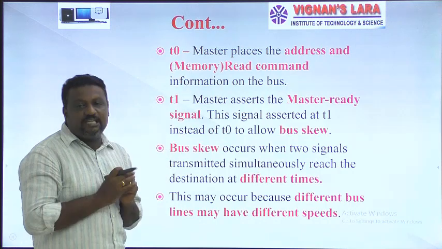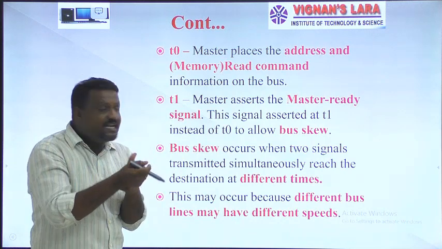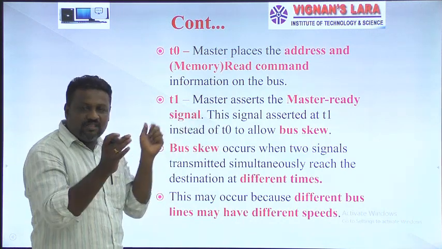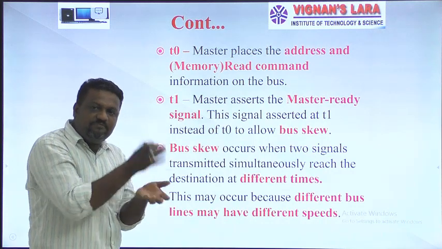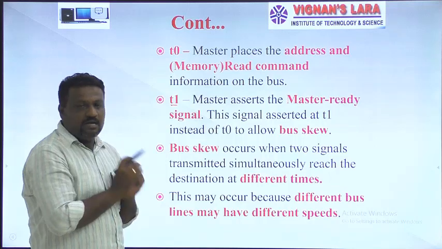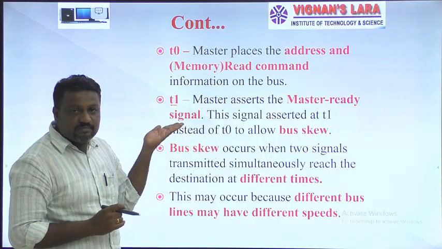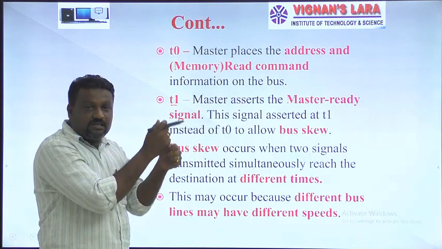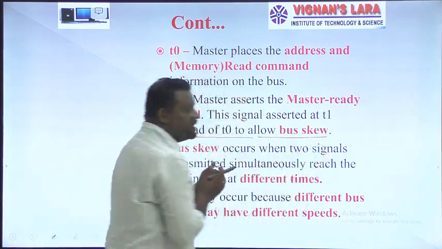So at time instant T0, the master places the address as well as the read command information on the bus. Once it places them on the bus, immediately at time instant T1, the master activates or asserts the master ready signal.